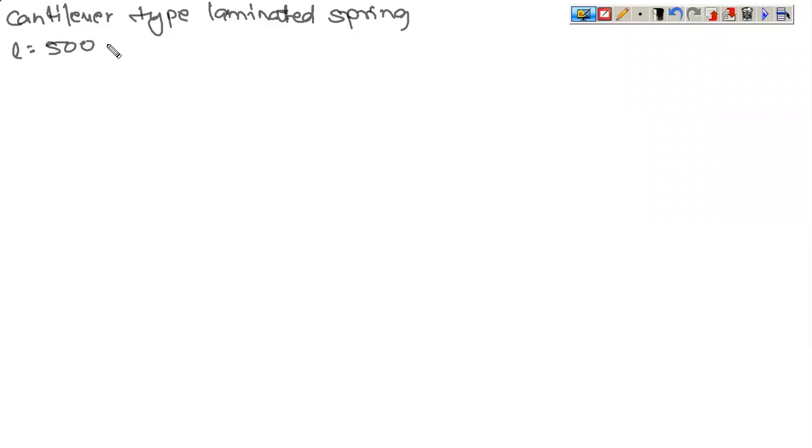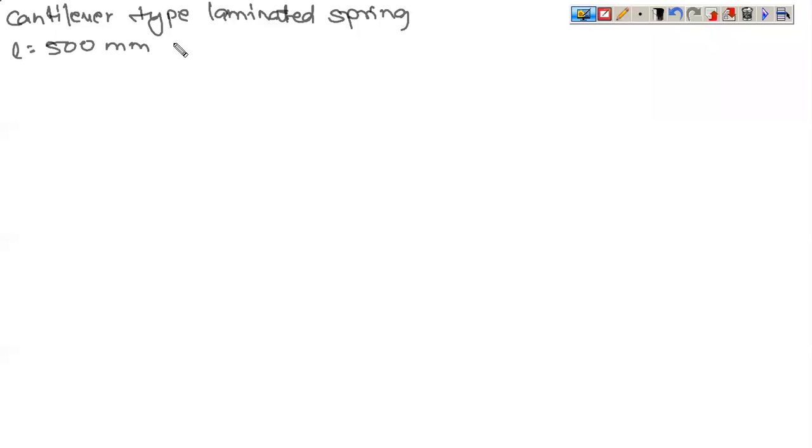Now let us take another problem. This is on quarter elliptic leaf spring. Statement of the problem: a cantilever type laminated spring. So that means it is quarter elliptic, has a span of 0.5 meters, so length is 500 mm.